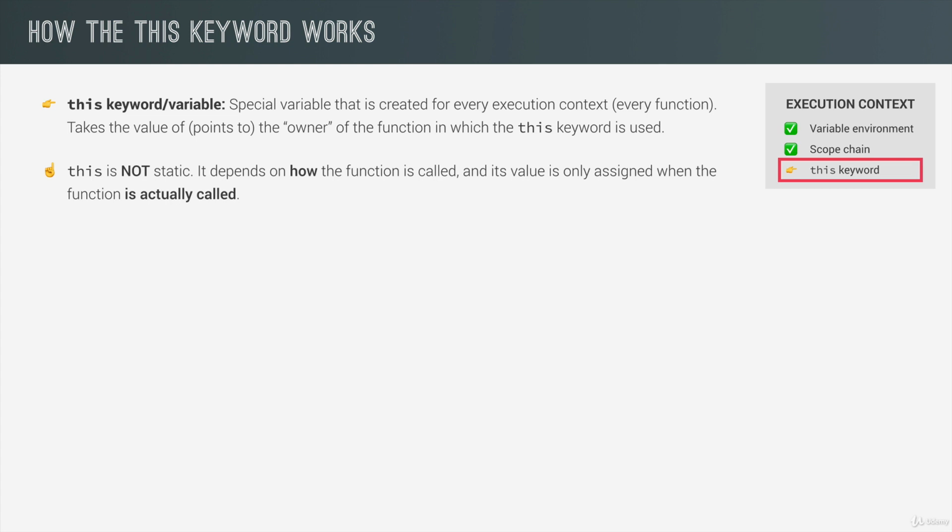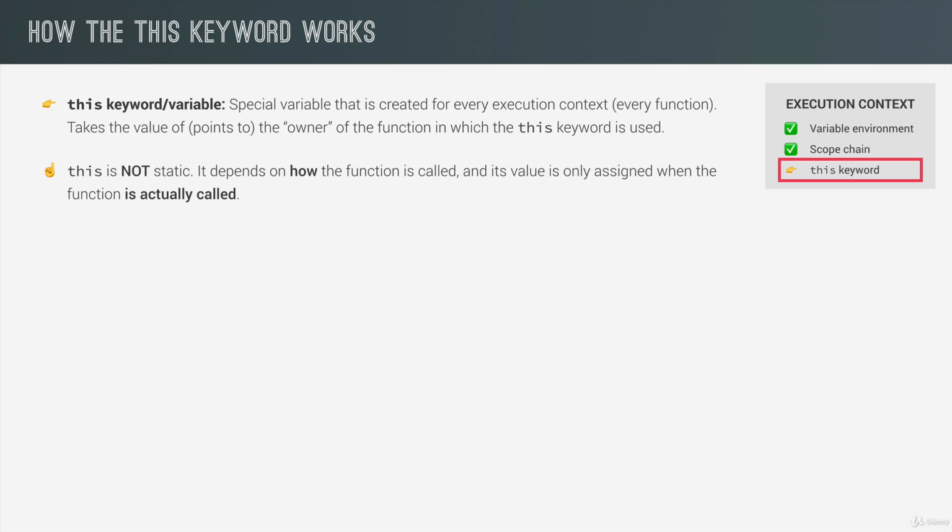If we set, for example, x to 5, then x will always just be 5. But the this keyword, again, depends on the way in which a function is called. But what does that actually mean? Well, let's analyze 4 different ways in which functions can be called.